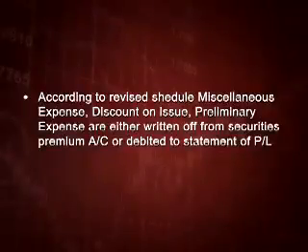According to the revised Schedule 6, miscellaneous expenses, discount on issue, preliminary expenses are either written off from security premium account or debited to statement of P&L account. Now, if they are not appearing in the balance sheet, that means you don't have to do anything. So, nothing is required for their treatment.